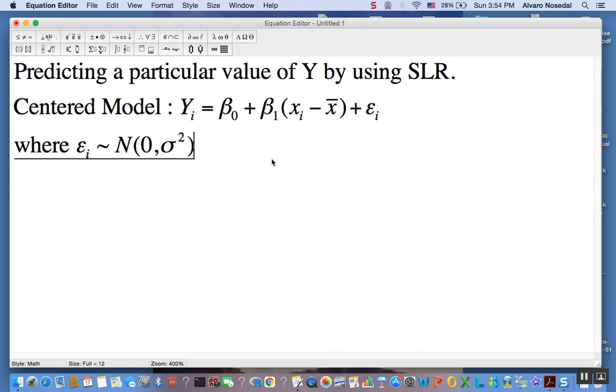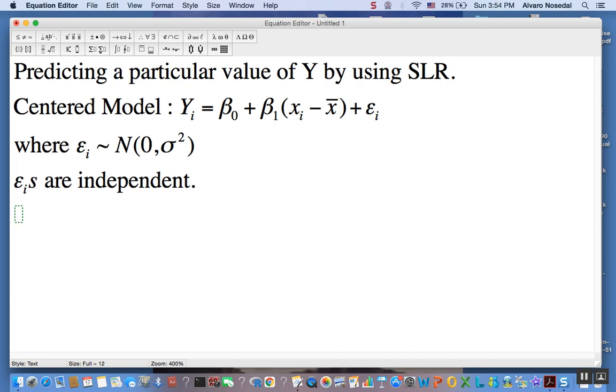And we are assuming that the epsilon i's are independent.